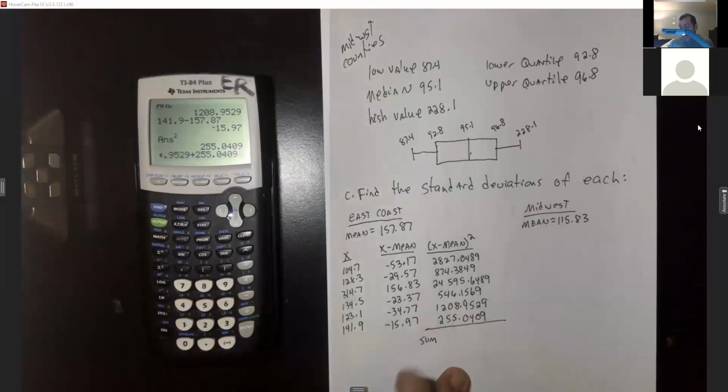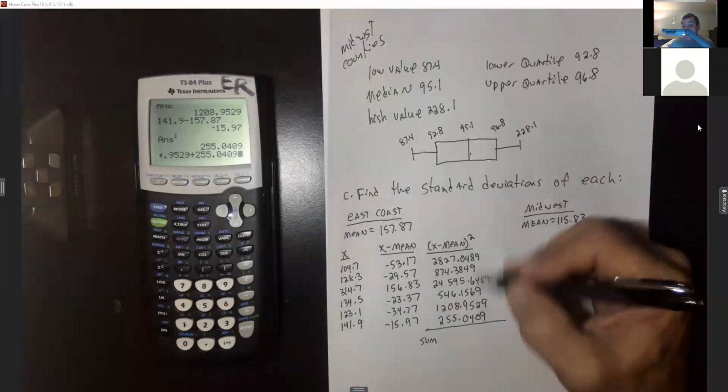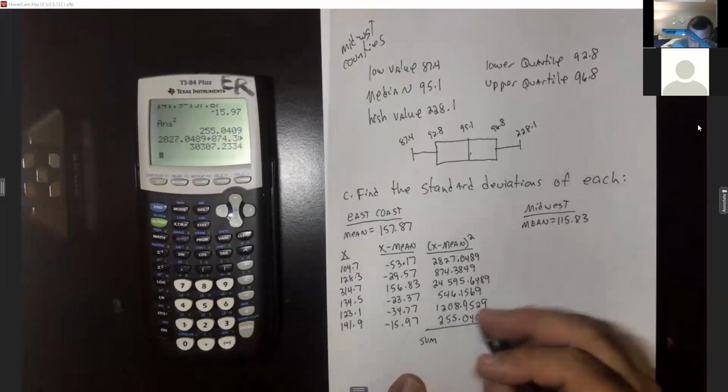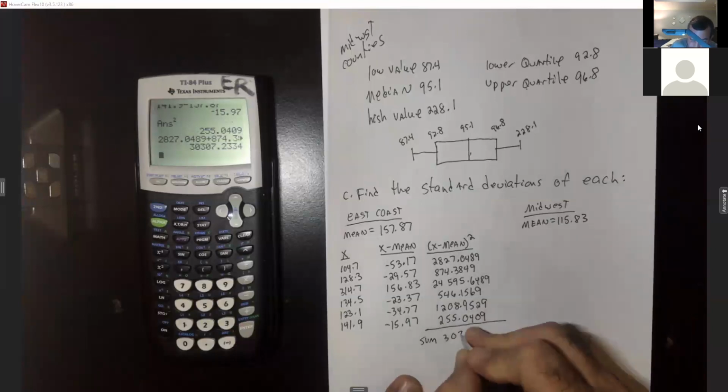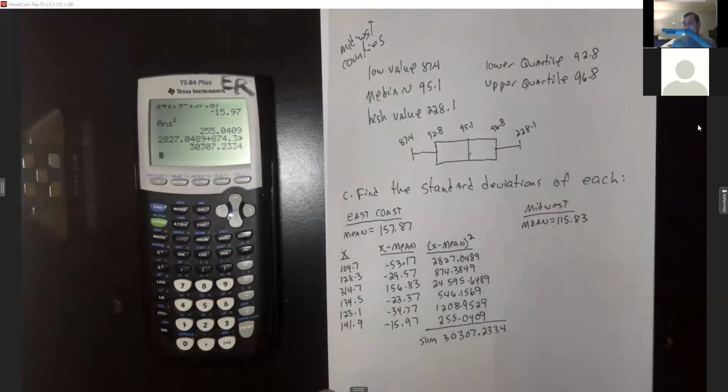Now, I always keep a lot of digits, but y'all probably could have shortened that down to 2 digits if you wanted to and pretty much got the same answer. But when I add all them up, I get 30,307.2334. So a little over 30,000.